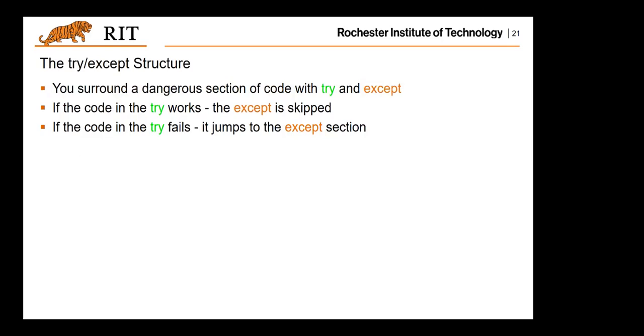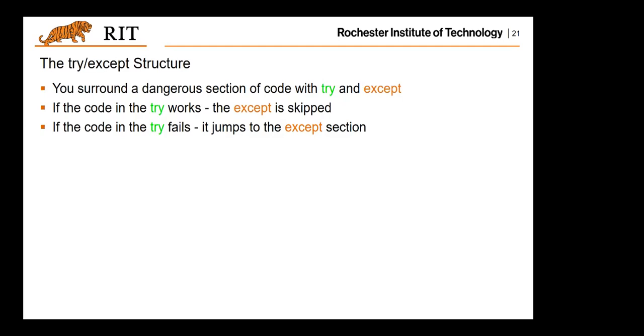Basically, if the code in the try works, then the except is skipped. And if the code in the try fails, it will jump to the except section and do something.